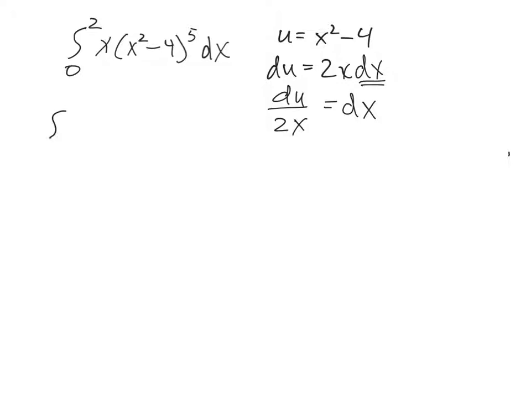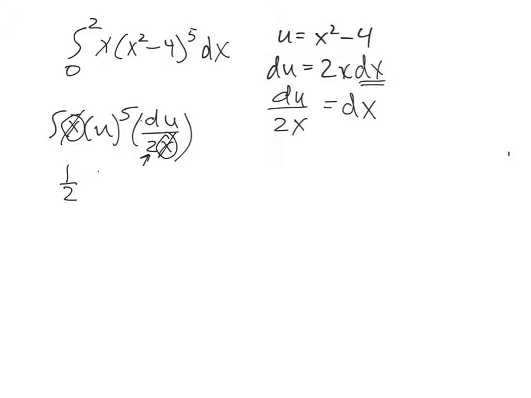Now as we resubstitute, we still have the x there, the inside is u, and then dx is our du over 2x. As we simplify this expression, we notice x divided by x, those will cancel out, and we have exactly what we had the first time around, just a slightly different approach.